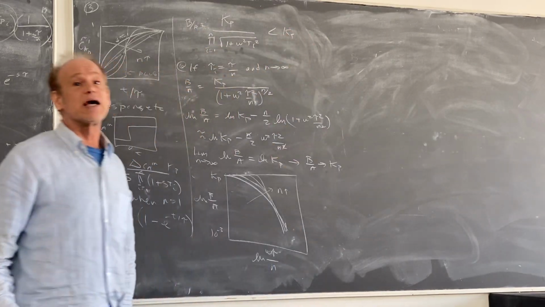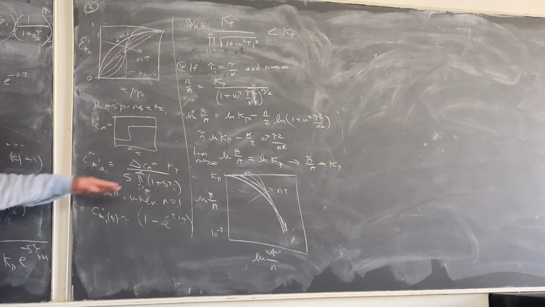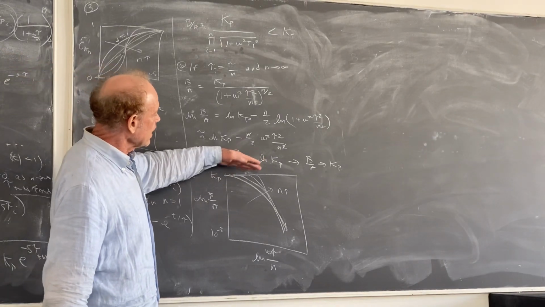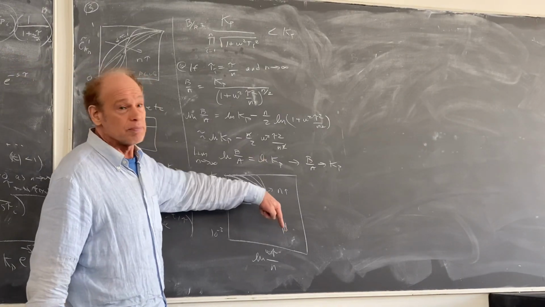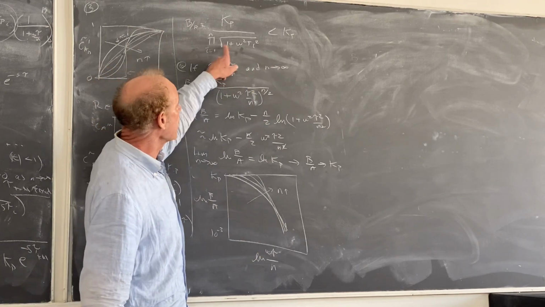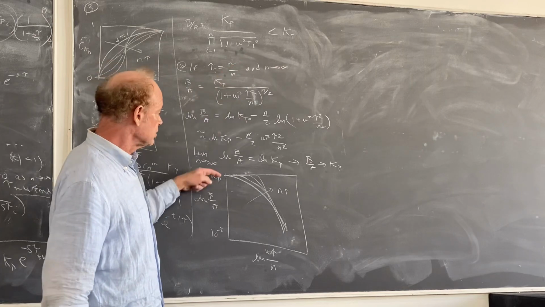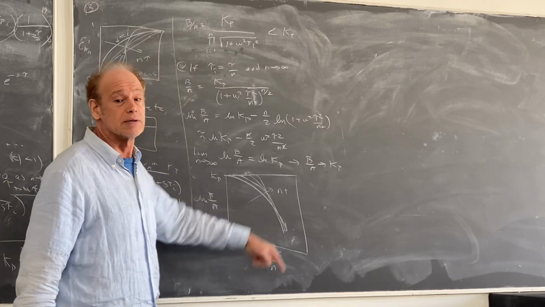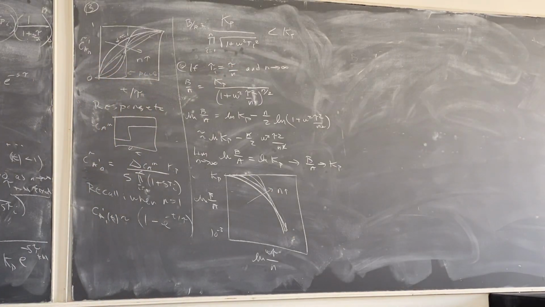And the more factors I have, the more less than Kp it is. That's why it goes down, because the bigger omega, the bigger the denominator is. So they always go down to the right. Are there any questions on that? Questions?